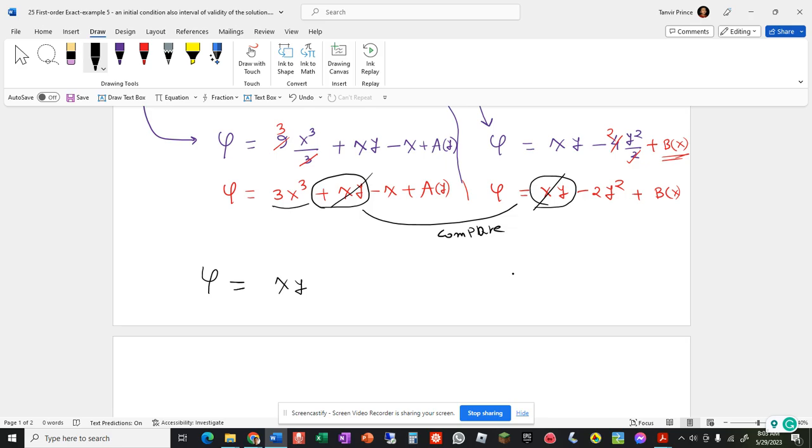So I have this 3x cubed minus x and then minus 2y squared.